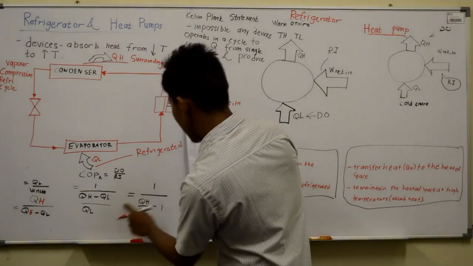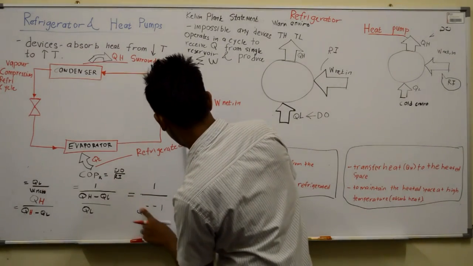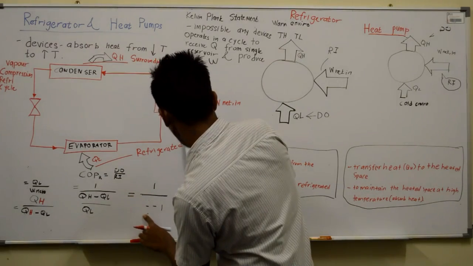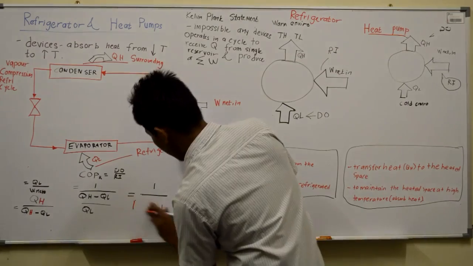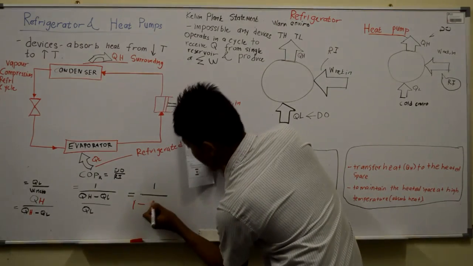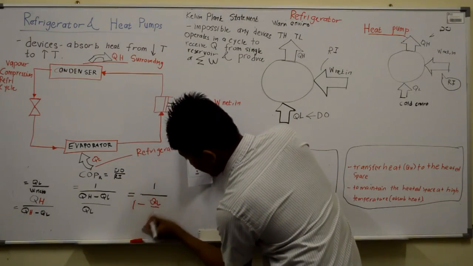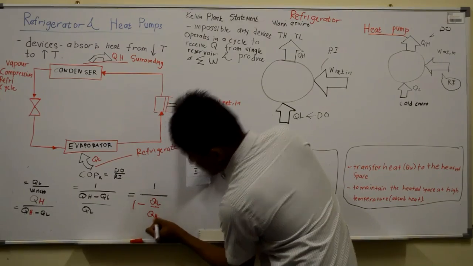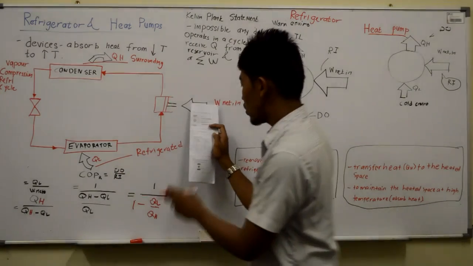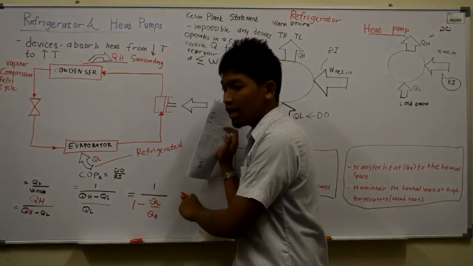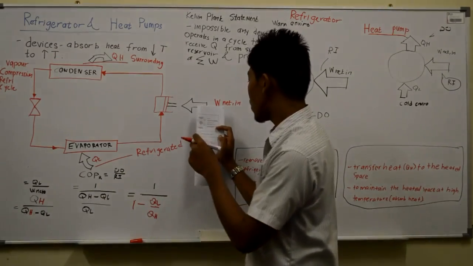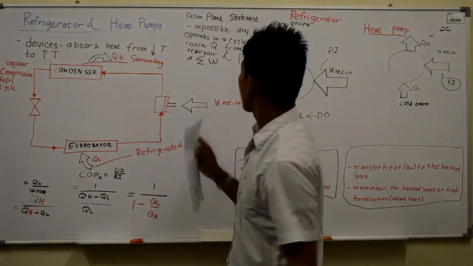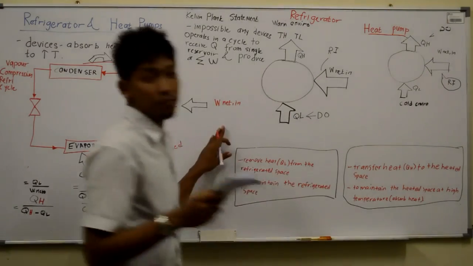After we simplify, we will get a slightly different answer. It will be 1 minus QL divided by QH. So basically, we can see the formula for the heat pump is inversely related to the formula for the refrigerator. So that's all for this part.